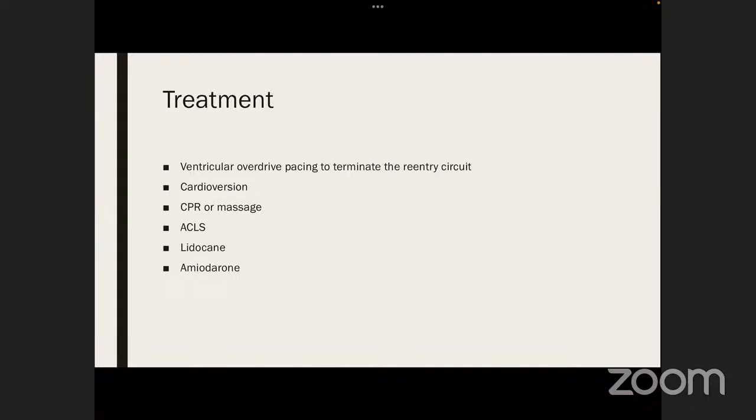For VT, if it is unstable, then cardioversion should be used. For VF, CPR or cardiac massage should be initiated, and the ACLS protocol can also be started. Further medication, lidocaine and also amiodarone, can be used.